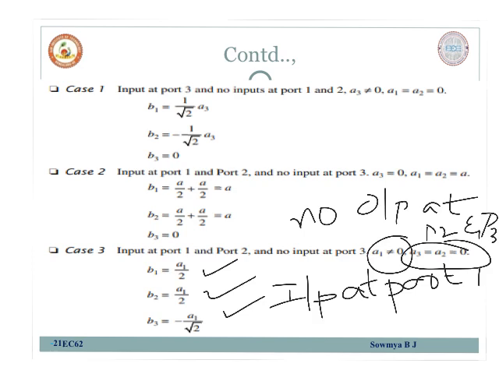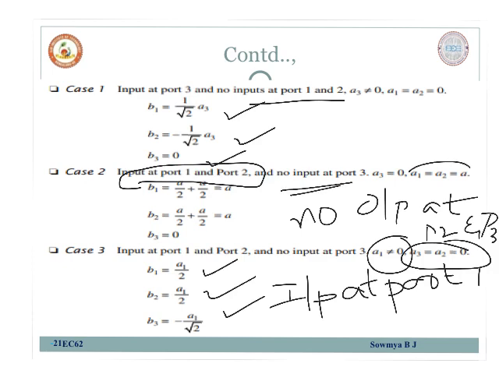In case 1, we are giving the input at port 3 and not giving any input at ports 1 and 2. In such a case, the output at port 1 is 1 by root 2 A3, B2 is minus 1 by root 2 A3 and B3 is 0. Similarly, in case 2, we are giving input at both ports 1 and 2, no input at port 3. It means A1, A2 is A and A3 is 0.